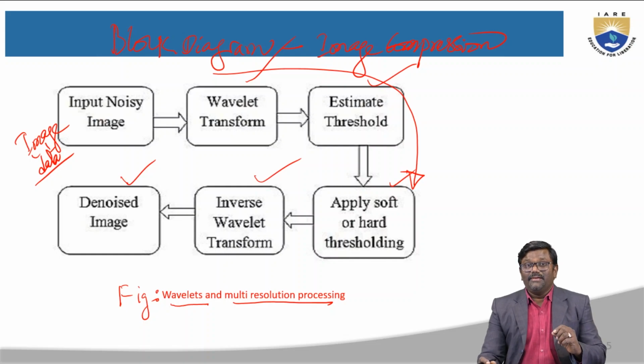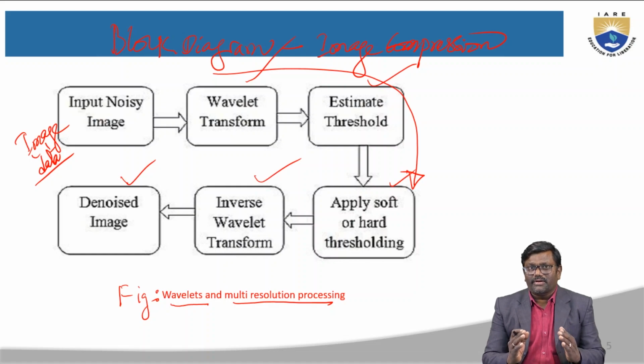For example, the wavelet transformation is a block which concentrates on delivering one functioning of the output. Similarly, estimate threshold also concentrates on the functional objective of the process.